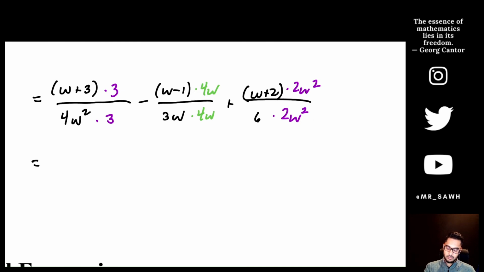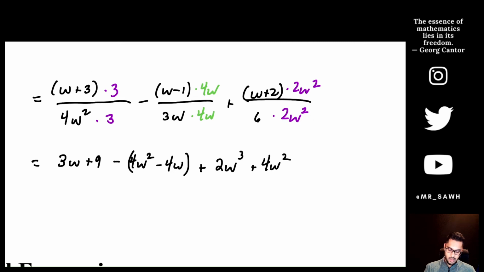So, yeah, let's multiply. Okay, so 3w plus 9 minus 4w squared, and maybe we'll keep this in brackets for now, minus 4w plus 2w cubed plus 4w squared divided by our 12w squared.